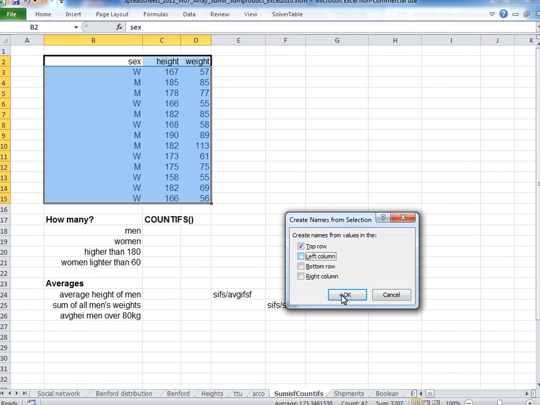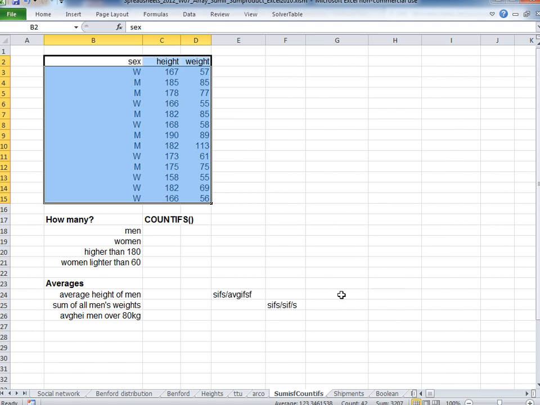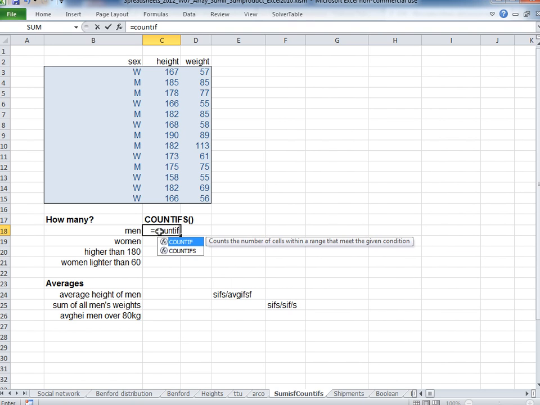Left column is erroneous, and let's do now the number of men, which is equals COUNTIFs, parentheses, criteria range is sex, semicolon, what we're looking for is men, so quotation marks, capital M, quotation marks, enter. Well, there are 6 men present in this data set.